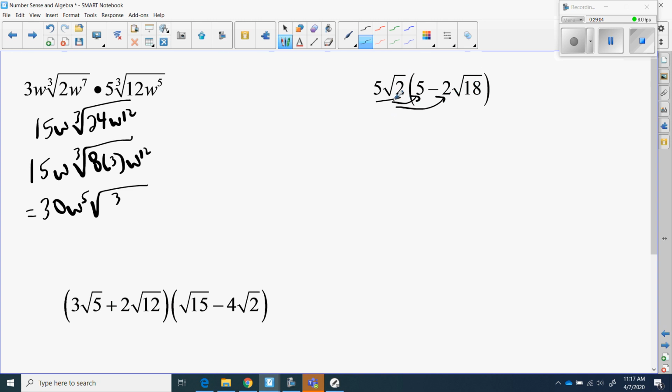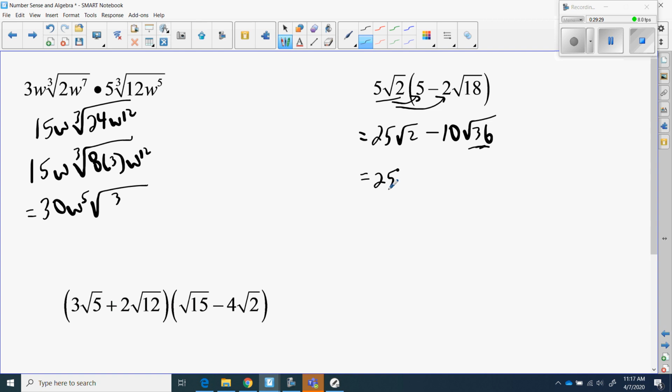So let's start here. 5 times 5 is 25. And then you got your radical 2. Now you got to take this radical and multiply it by this one. So multiply the numbers in front. Negative 10. The square root of 2 times the square root of 18 is the square root of 36. This doesn't reduce any further, so we're good with that one. However, 36 is a perfect square. So that's going to work out quite nicely.